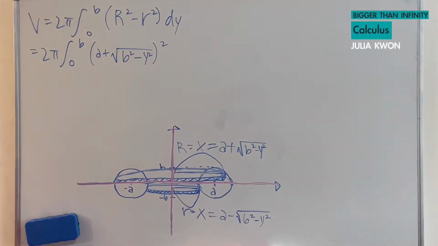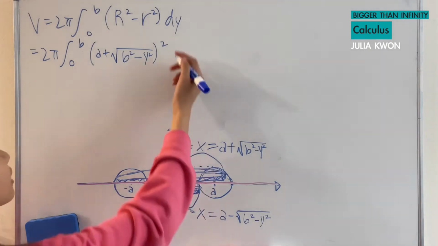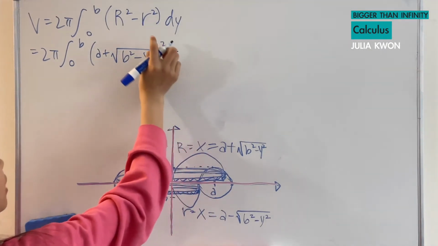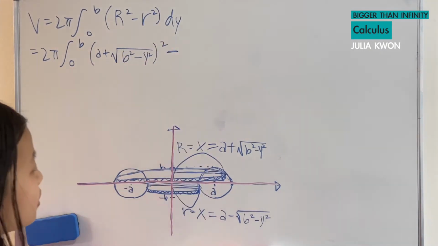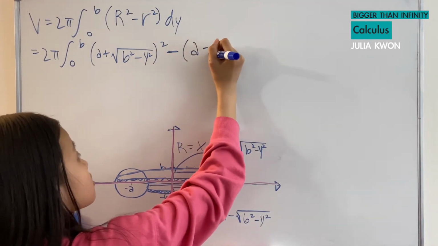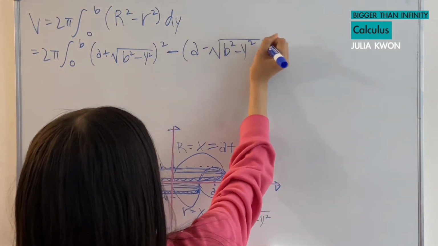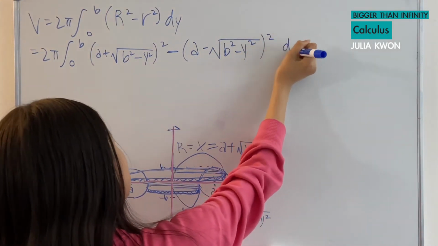Okay, so I just copied everything from here, after I erased the problem since we don't need it anymore and we need more space. And subtracted by the smaller radius squared, and the smaller radius is a minus the square root of b squared minus y squared, and then all of it squared.